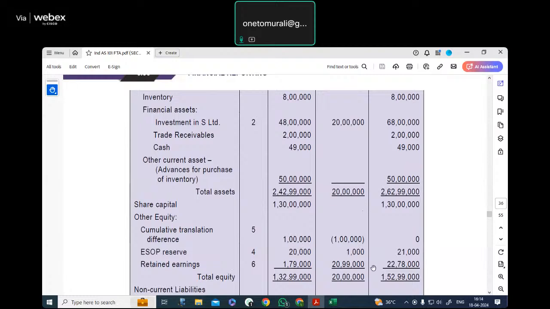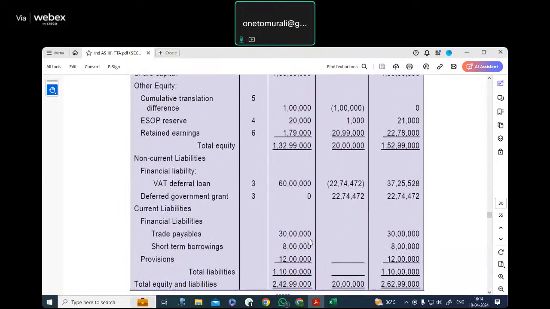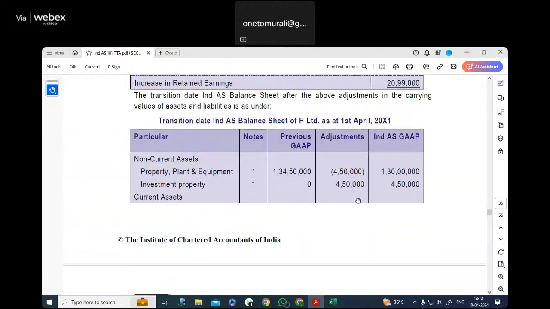So all these are taken up in one go. We have taken up trade payables, short-term borrowings and provisions in one go. Correct. Now share capital was taken up. Cumulative translation difference. This is the item for which we have an adjustment to that effect.